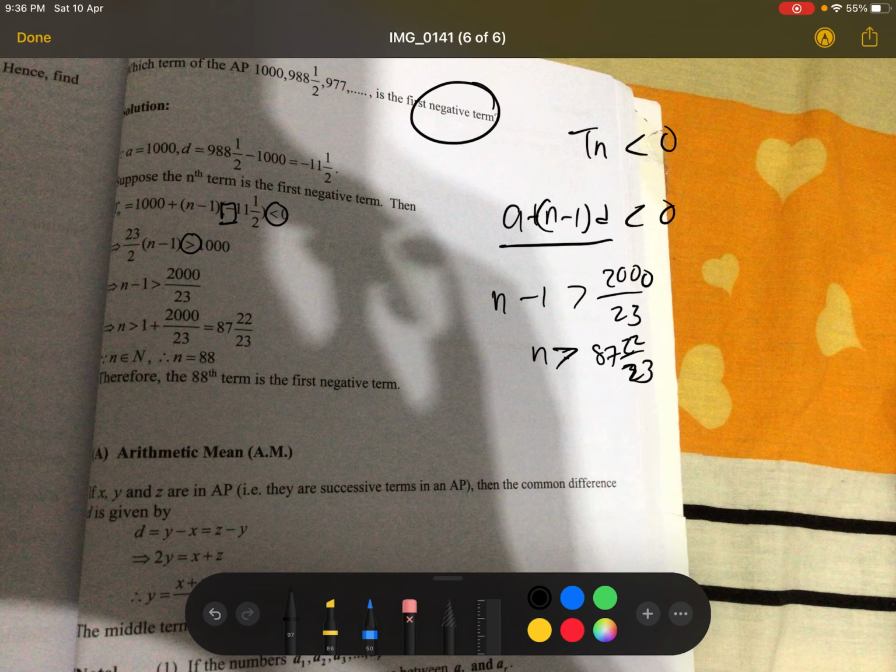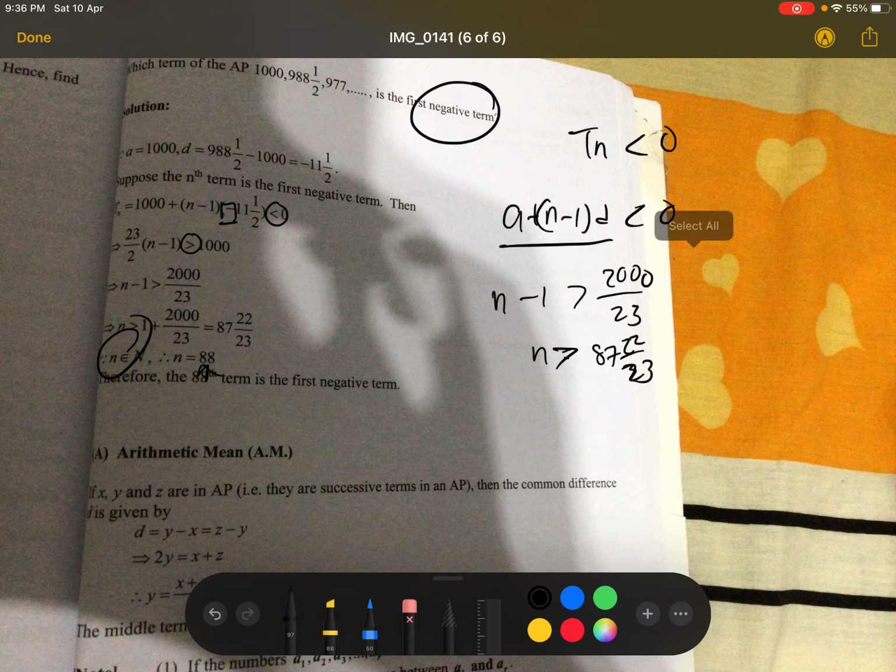So yeah, it is because of the negative sign. So you have to be careful when you're doing the long working for it. So after you get this, you want to find the first integer, first natural number, because n is an element of natural numbers. N is a natural number, so the first number will be 88.